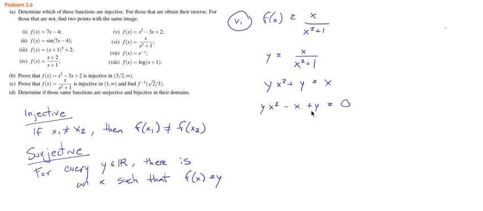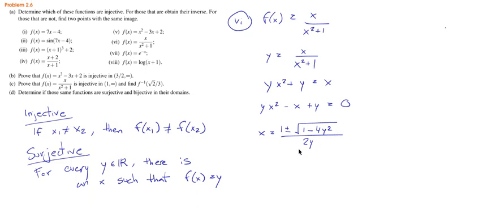If you write the solution for this, we know how to write this. This is 1 plus minus the square root of 1 minus 4y squared, and then you have 2y, because it's 2 times the coefficient of the higher order term.